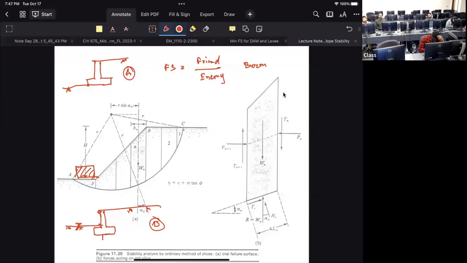Some designers also try to extend it like this, extending it as a key at the bottom. If you have a key at the bottom, it tries to resist the sliding, but it does something more.